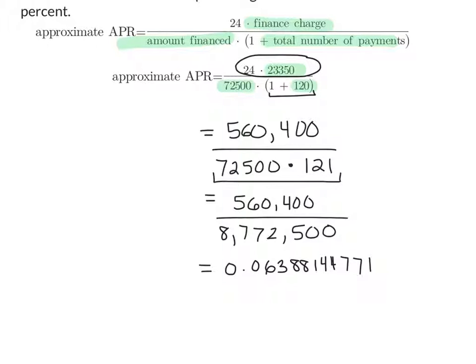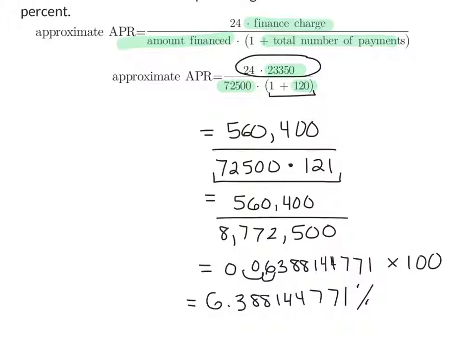0.06388144771. Now the problem asks us to estimate the annual percentage rate to the nearest tenth of a percent. So we need to convert this decimal to a percent by multiplying by 100. That will move the decimal 2 places to the right, so we have a percent of 6.388144771%.